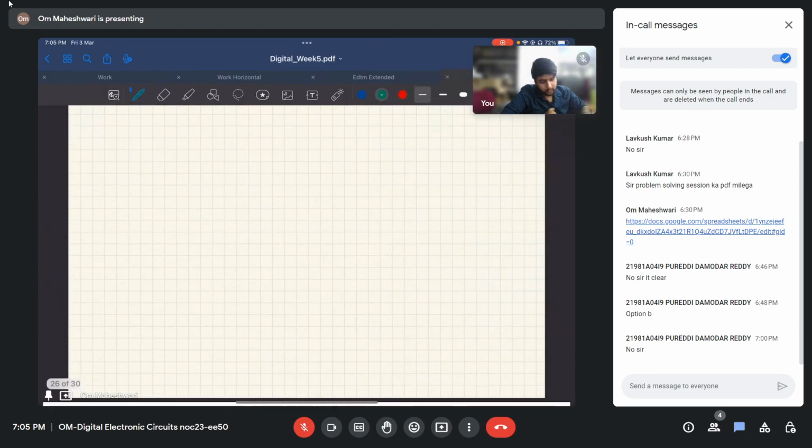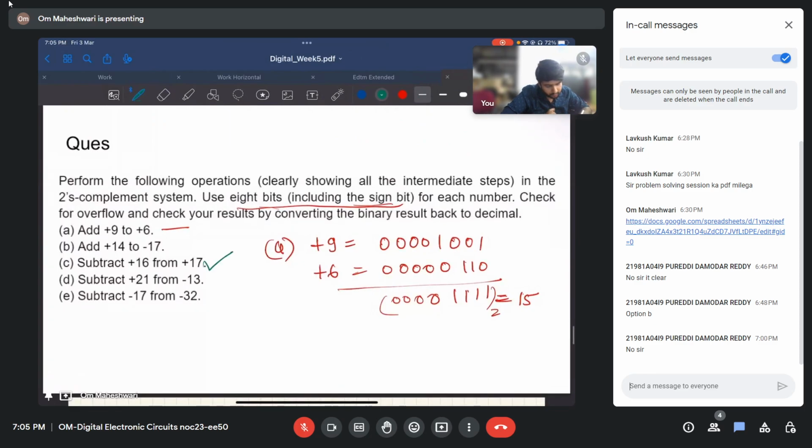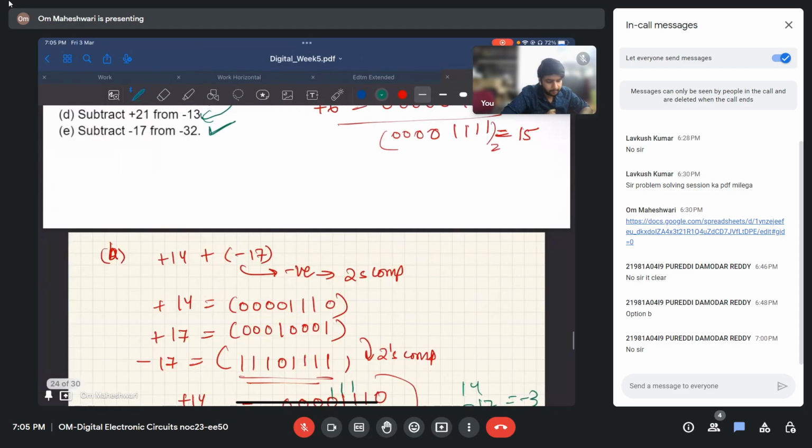Let's take some more. This is easy, this is similar to this. Let's take the last one, where both are negative.